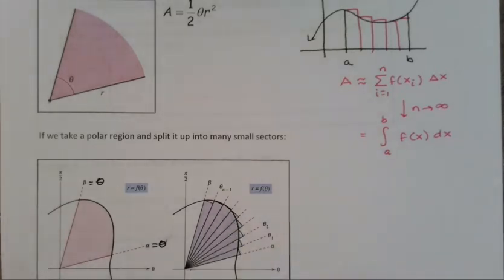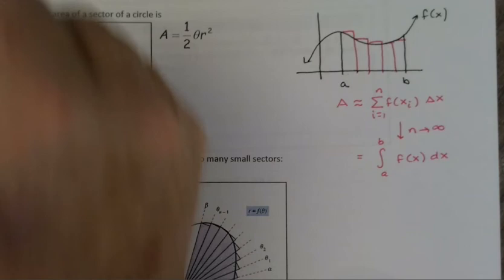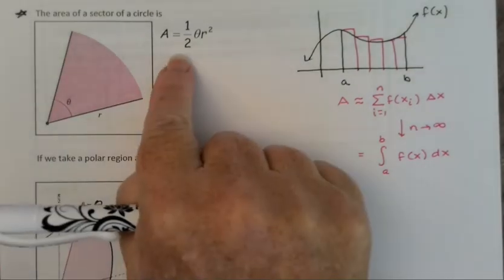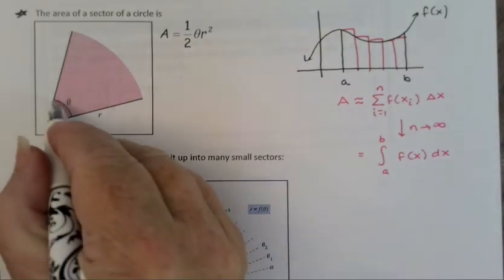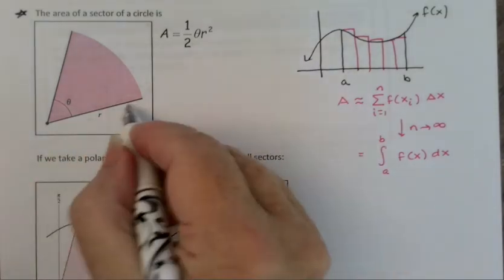Each of those little pieces is a sector of a circle. And you may or may not remember, but I'm going to remind you right now from pre-calc, to find the area of a sector of a circle, we take 1/2 the angle of the sector times the radius squared.